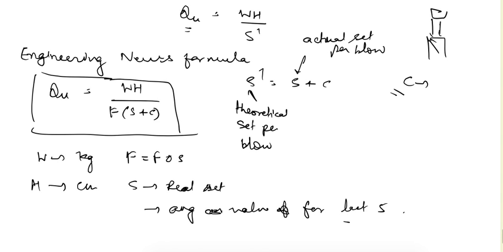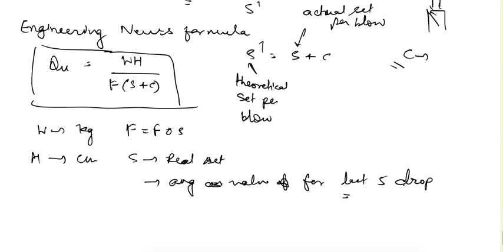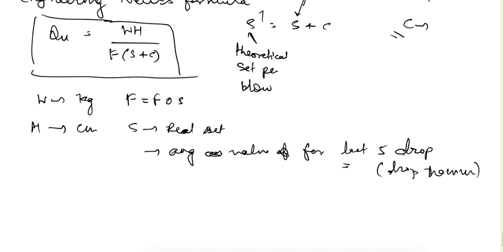The average of those 5 values is the S, and that is the case for drop hammer. If we are using a steam hammer, that is taken as average of last 20 drops of hammer.